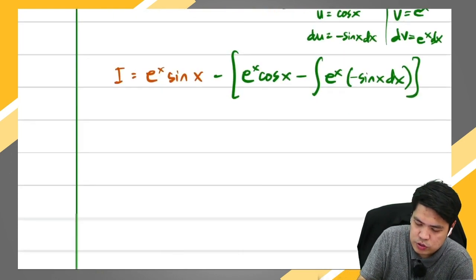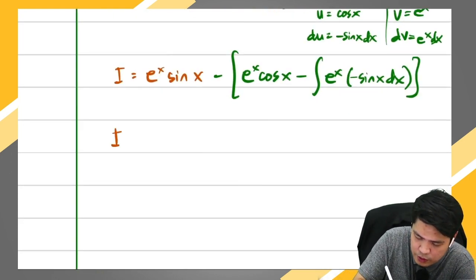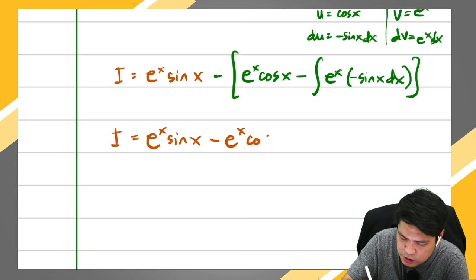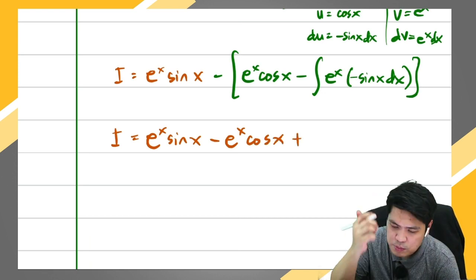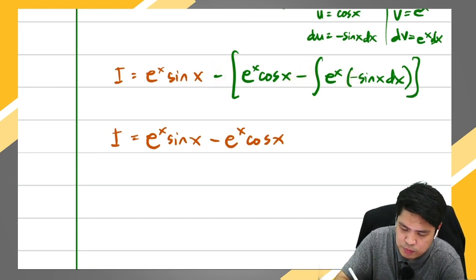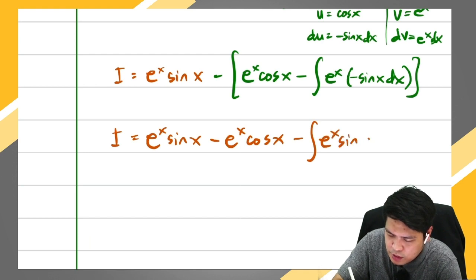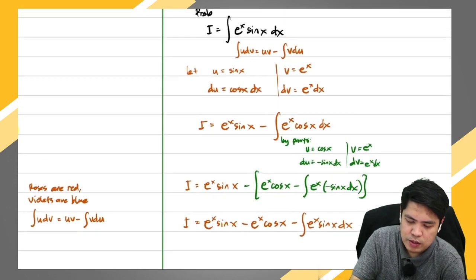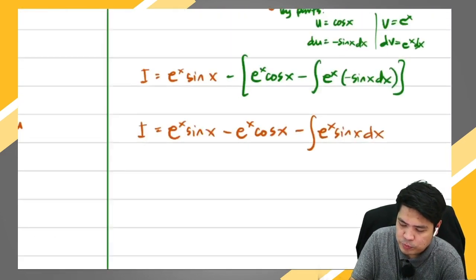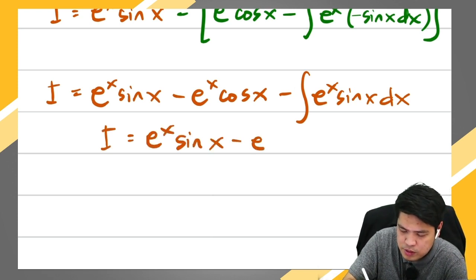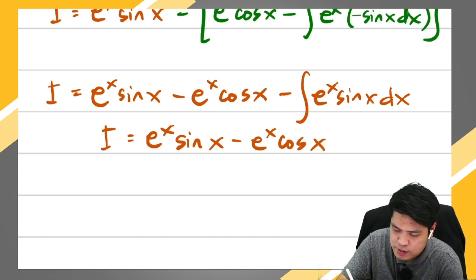So we'll have I equal to e to the x sine x minus e to the x cosine x, then the sign is positive but there is a negative again, so minus the integral of e to the x sine x dx. And this is what we are looking for. This is I, right? So I is equal to e to the x sine x minus e to the x cosine x minus I.